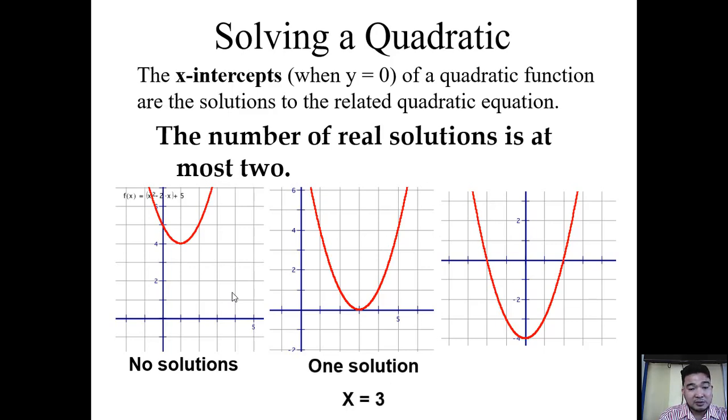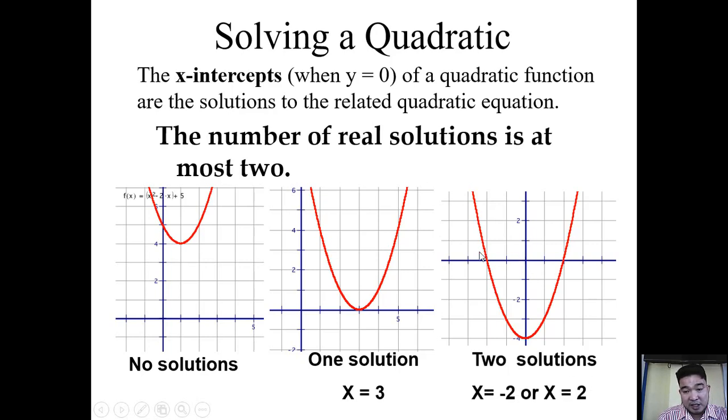For number 2, we only have one solution, x equals 3, because it touches the x-axis at 3, so only once. And in this case, we have two solutions because it touches the x-axis at two different points. The first one is at -2 and the second one is at +2.